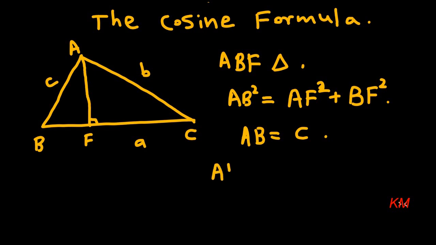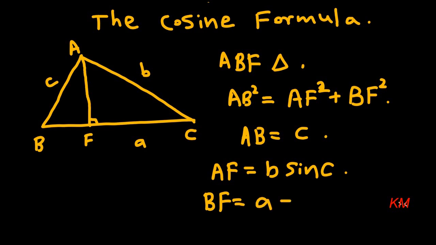AF equals b sin C, and BF equals a minus b cos C. And now we have to assign these AB, AF and BF expressions to the above written expressions.